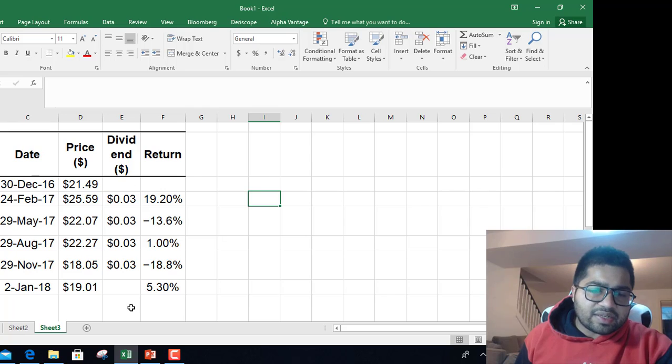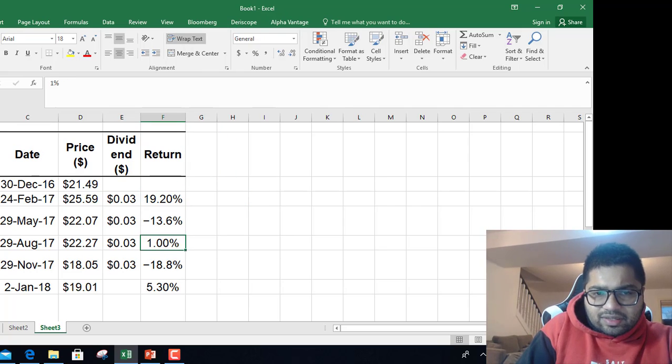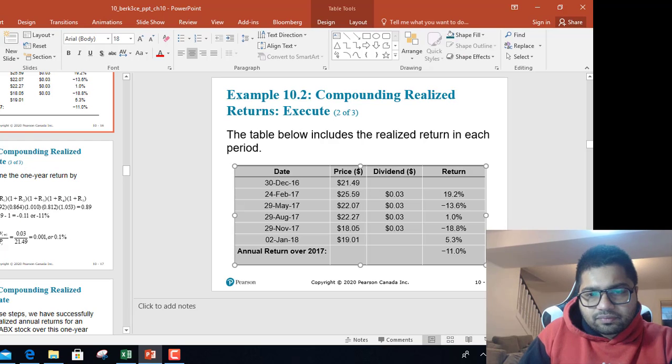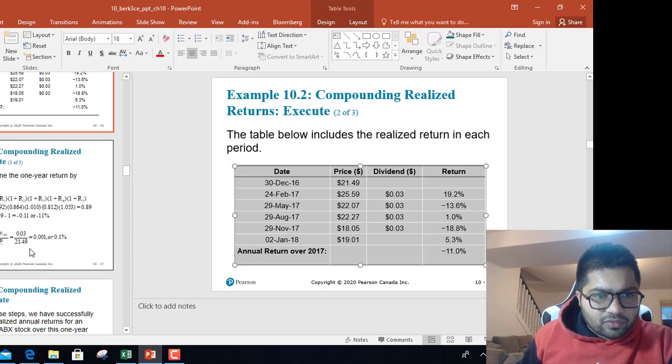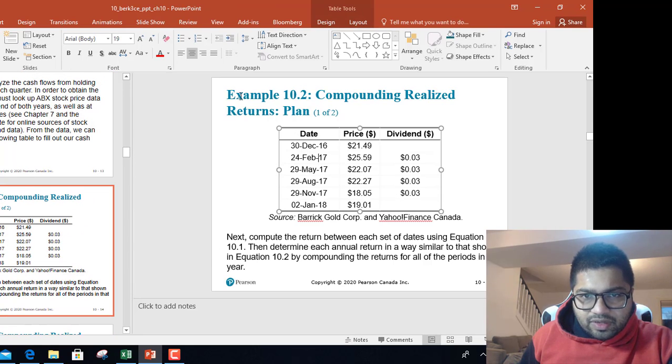So dividends are given, then returns are given to you. This is the return that the stock has given. Not this one, we need this one so that we compute it.